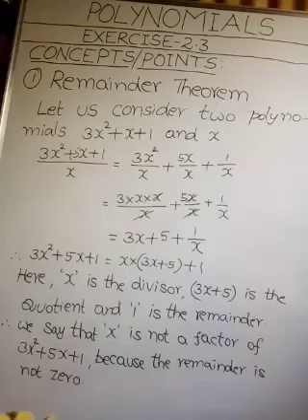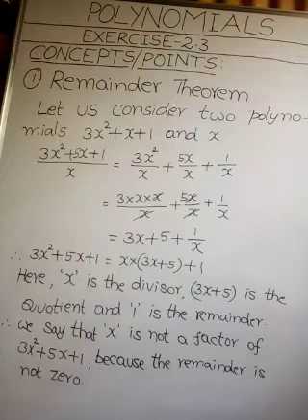Right. In the previous example, when we divided a polynomial by a monomial, we got remainder 0. That is why we said it is a factor of the given polynomial. Now come to another example.